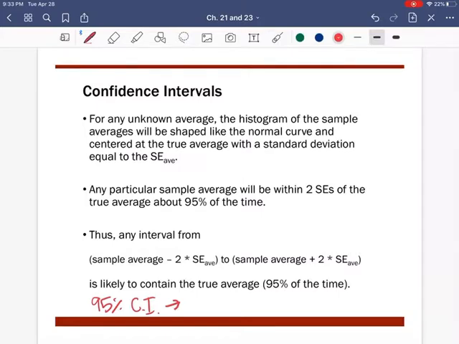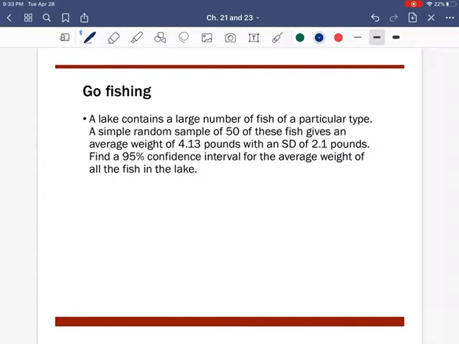I don't like saying the expected value average because we don't actually know that, we just know what we get. So the sample average give or take 2 times the SE average. Okay, so for a 95% confidence interval, you just need 2 things: the sample average and the SE average.